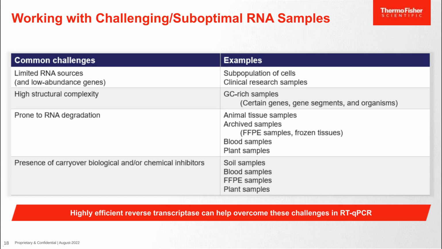Some examples of this type of sample would be a subpopulation of cells, or maybe clinical research samples that have limited RNA amounts, working with a gene of interest that is expressed at a very low level, genes that are high in GC content or secondary structure, or when working with samples where RNA integrity has not been adequately preserved, like animal tissues, blood, and plant samples, or samples that have high presence of inhibitors such as soil and FFPE samples. In all of these cases, an engineered MMLV RT would be the recommended enzyme of choice for sensitivity and efficiency.